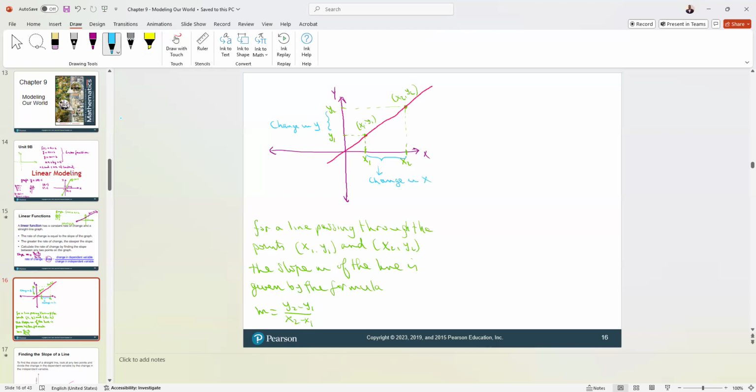That's why we said the slope m is equal to change in y over change in x. So the slope m is the change in y, y2 minus y1 to find the difference, over x2 minus x1.